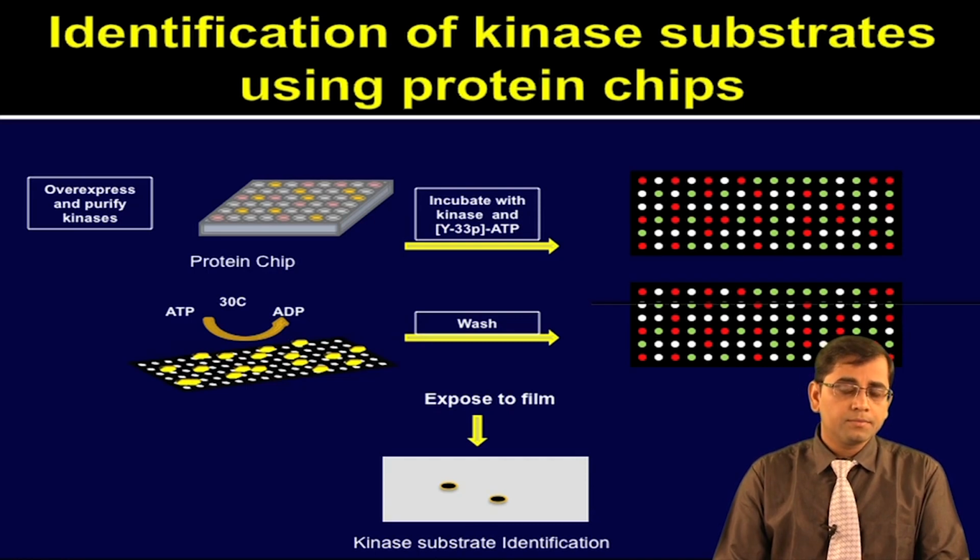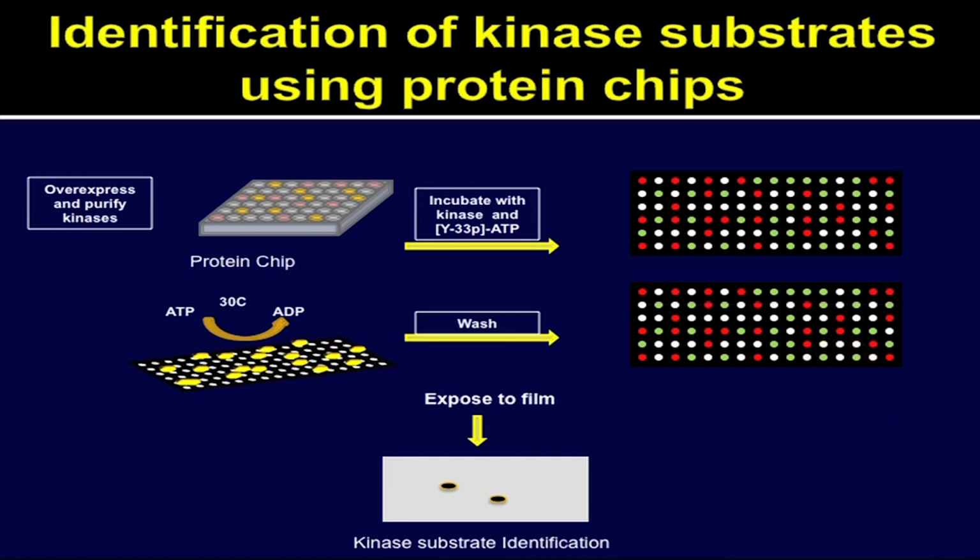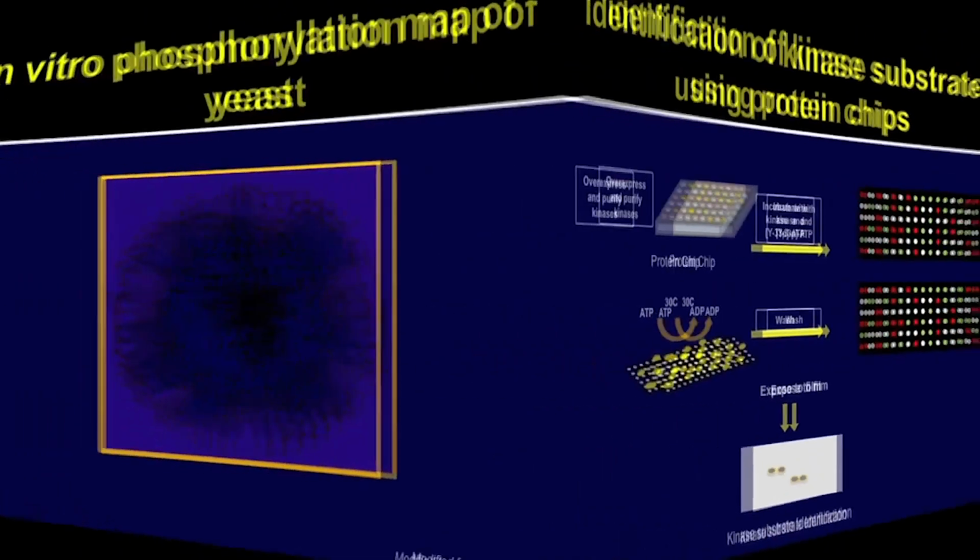As the authors defined, this is the overall scheme to identify the kinase substrates. First of all, each kinase was overexpressed, purified and assayed on the chip, which contains over 4,000 protein spots used for kinase substrate identification.